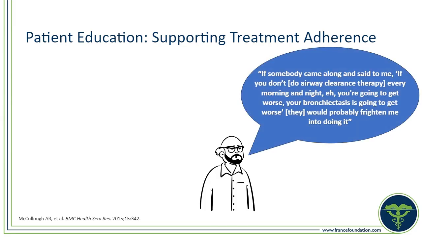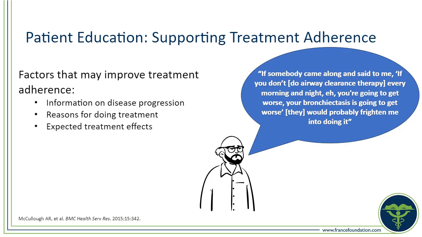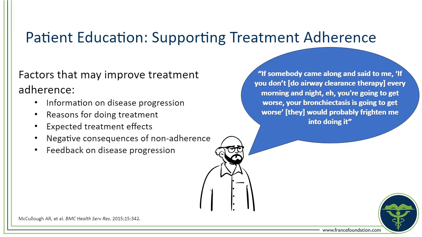Within the bronchiectasis patient population, there is a strong element of patient education to help in supporting treatment adherence. When trying to improve treatment adherence, factors that may help include informing patients on their disease progression, really educating them on reasons to do their treatments and the potential expected treatment effects, as well as the negative consequences of non-adherence and then feedback on disease progression.